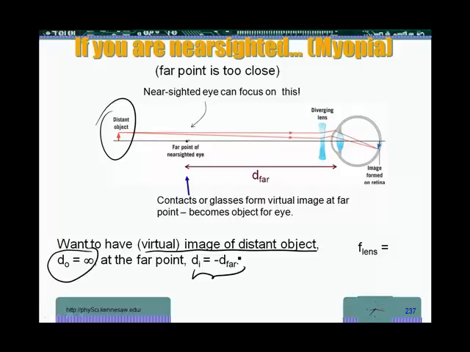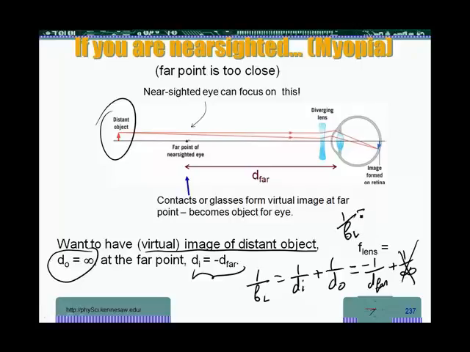So the focal length of the lens, if we calculate it, is 1 over d_i plus 1 over d_o. So it's going to be minus 1 over d_far plus 1 over infinity. 1 over infinity is 0, so that gives me 1 over the focal length of the lens is minus 1 over d_far, or f_lens is minus d_far.